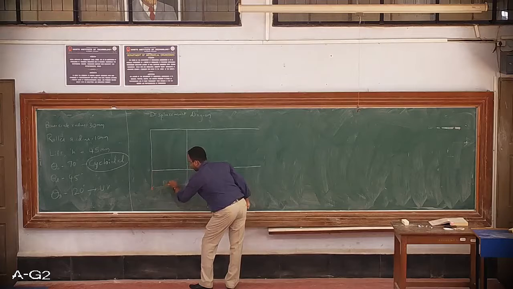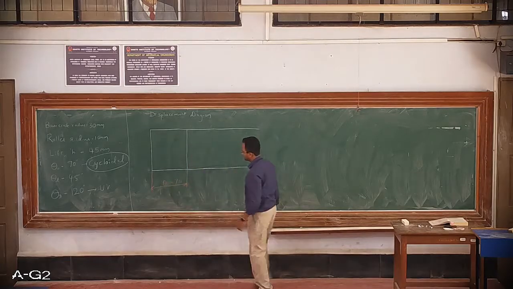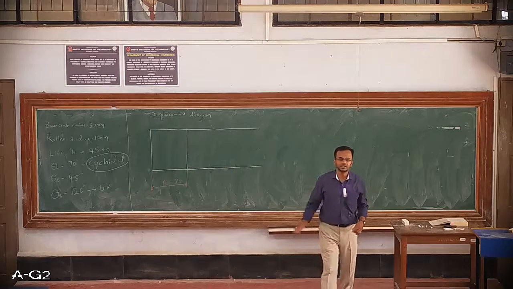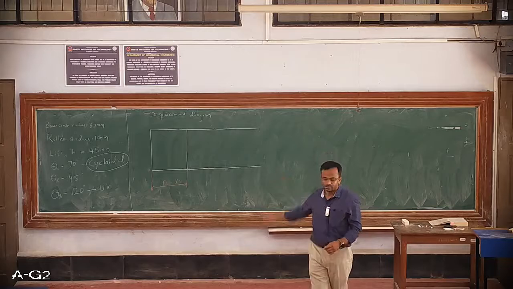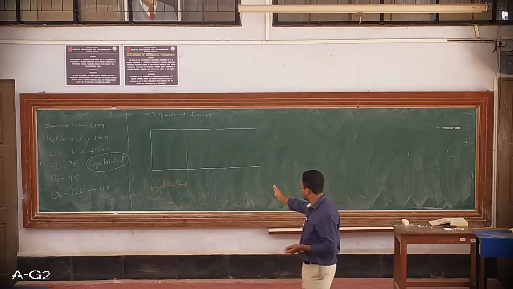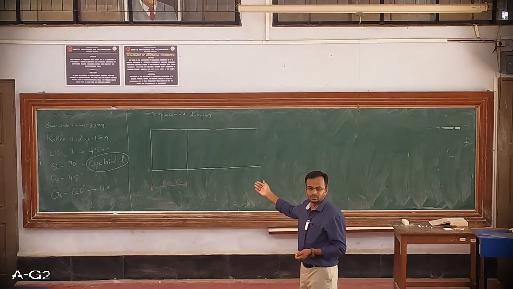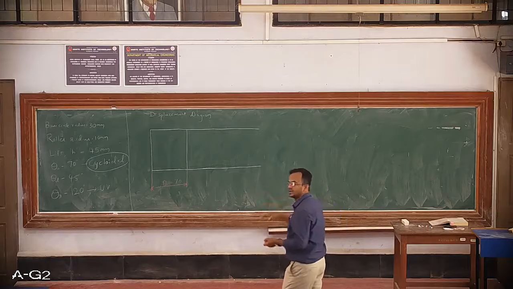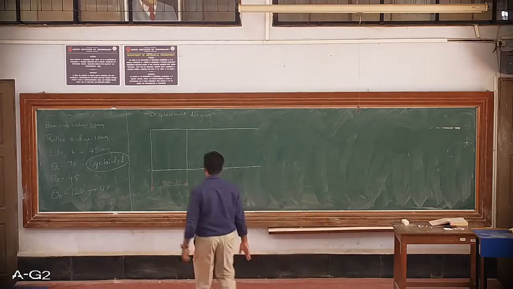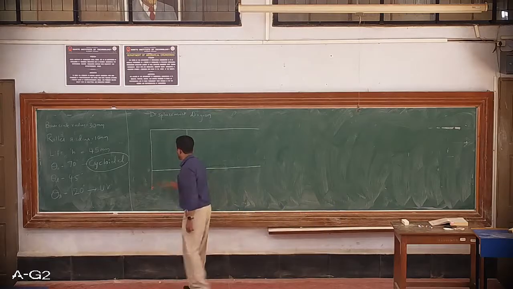Theta naught equal to 70 degrees. You can choose a scale as equivalent to 7 centimeters, or if you want further down, then you can reduce it. So I would generally take 70 degrees equal to 7 centimeters.